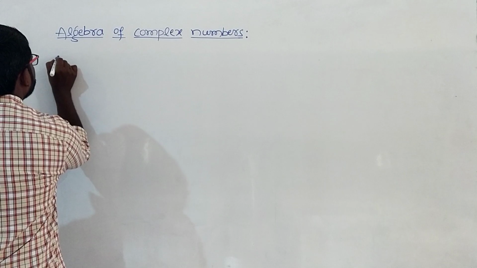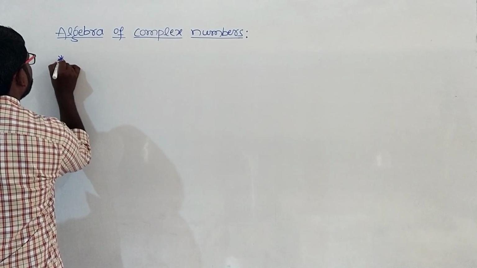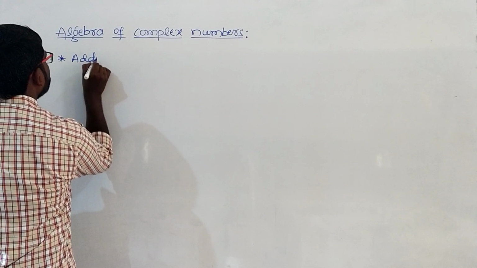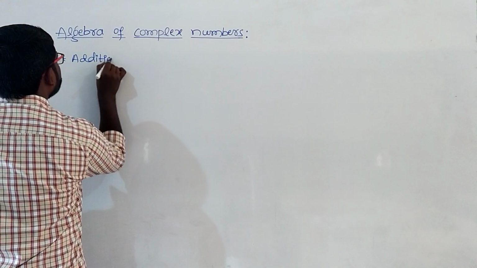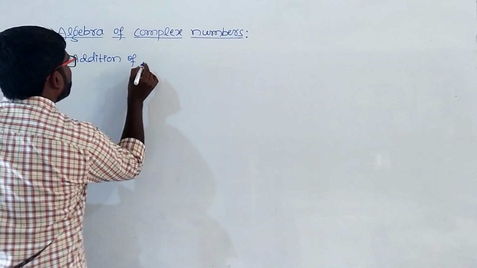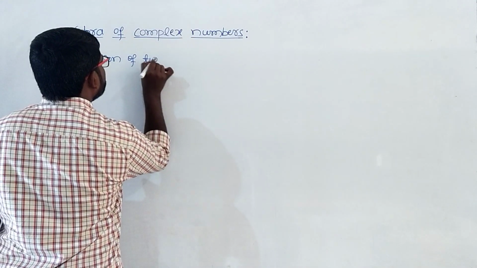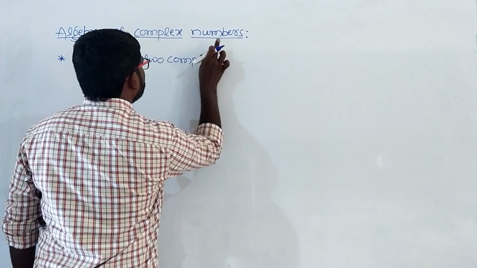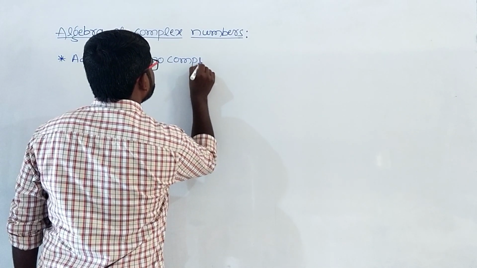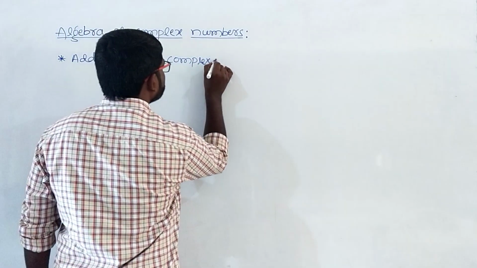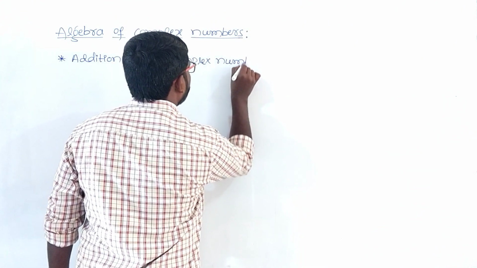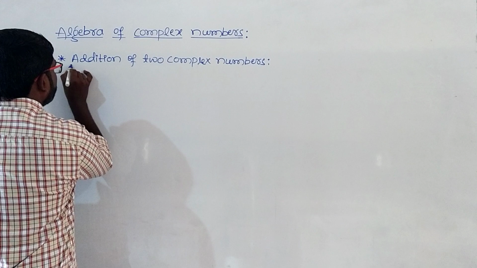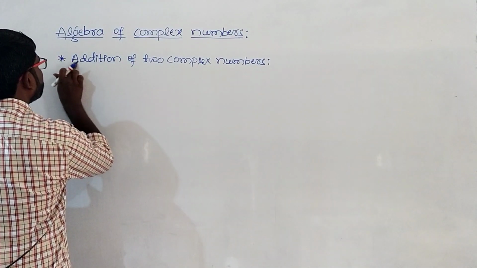So here the first operation is going to be addition of two complex numbers. How do you add two complex numbers?